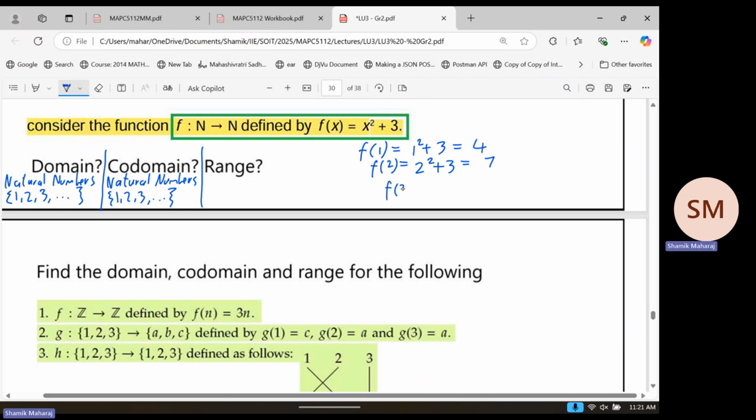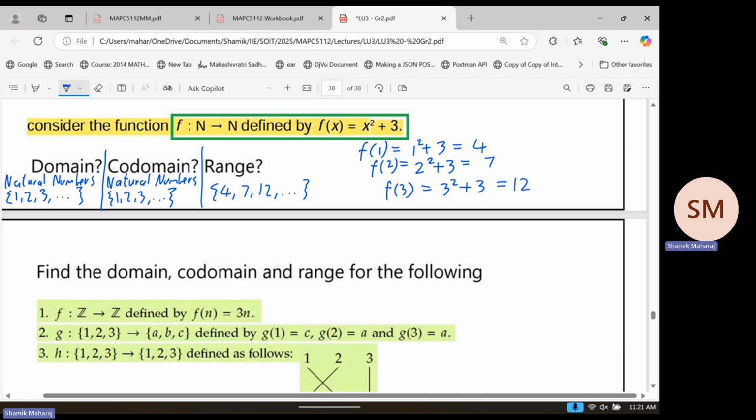f of 3 is the next one. It's 3 squared plus 3, which is 12. The set is infinitely big, it doesn't stop. But we've worked out 3, so I can write the range as 4, 7, 12, and so on. Again, the range is just taking all the inputs, filtering them through the function, and getting outputs.